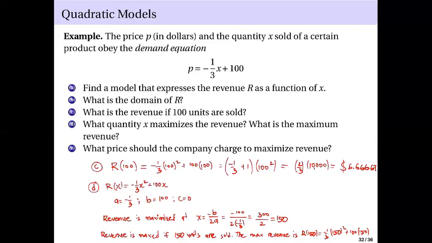So let's calculate this revenue. 150 squared divided by 3, that's negative, plus 15,000, we'll get 7,500.